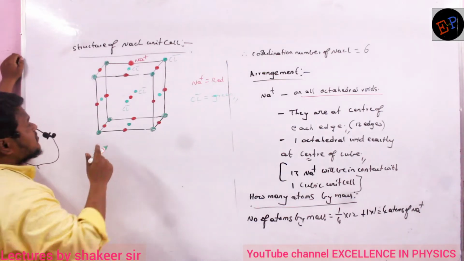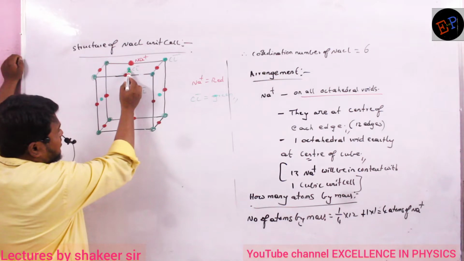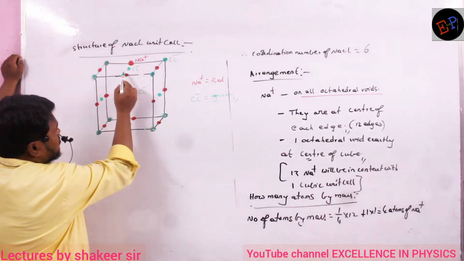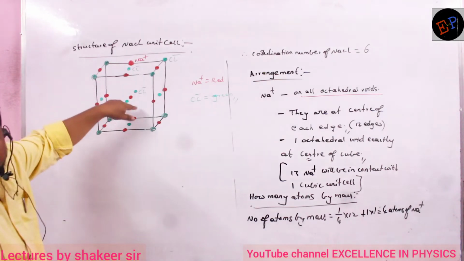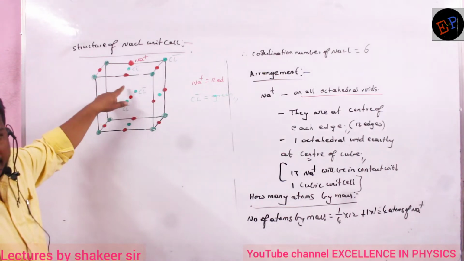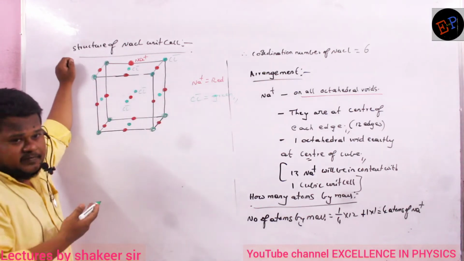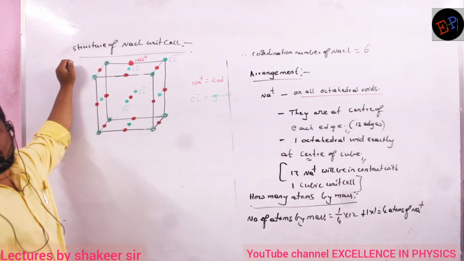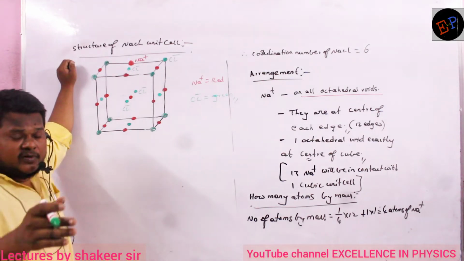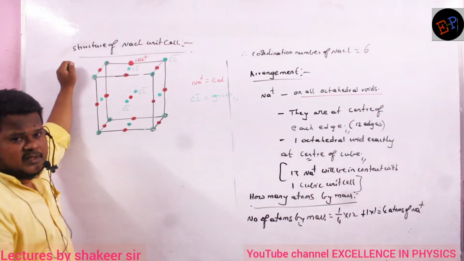If you take this Cl minus, it will be touching 1, 2, 3, 4, 5 Na plus in the same unit cell. Are you able to understand? Questions will be given on this arrangement only. Questions will be given purely on the arrangement. If you do not understand which atoms are touching, you can never solve the problems of NaCl crystal.